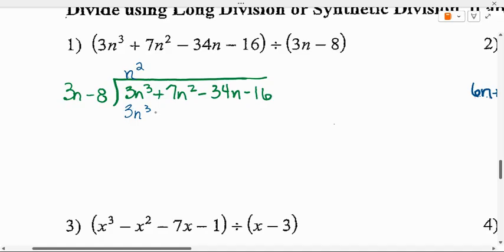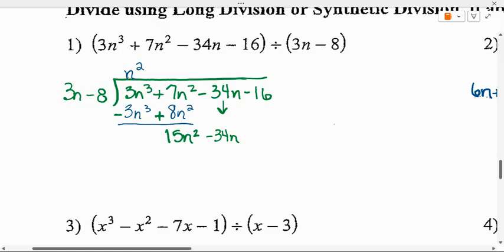N squared times negative 8 is negative 8n squared. But we're subtracting, so we have to change the signs. A positive 3n cubed minus 3n cubed is 0. 7n squared plus 8n squared is 15n squared. Bring down your negative 34n.